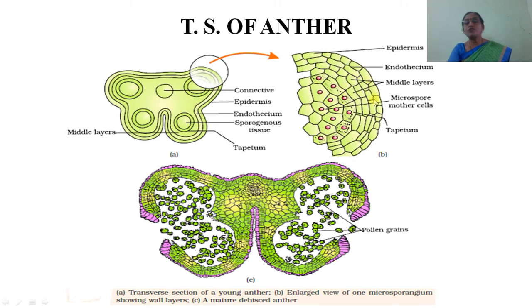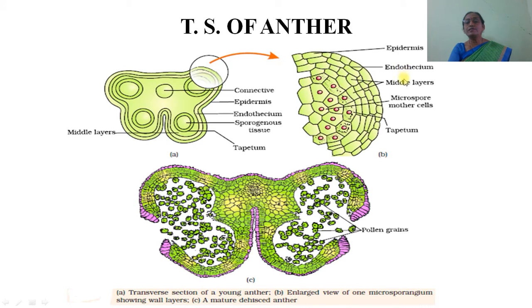This is the part of anther which shows the different wall layers, and inside the wall layers there is sporogenous tissue. Of these wall layers, the outermost layer is epidermis. Below epidermis there is endothecium.